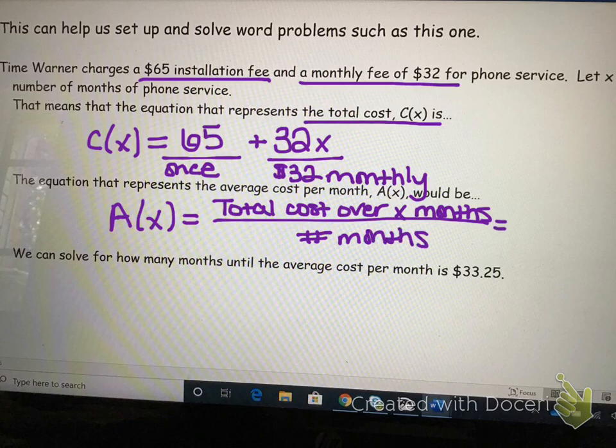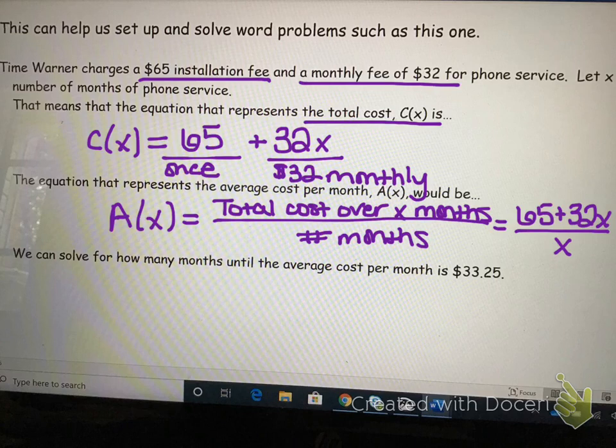And so what you are doing is taking the equation you just generated, your total cost was 65 plus 32x, and dividing it by x months. And that will tell you the average that you are paying Time Warner each month.